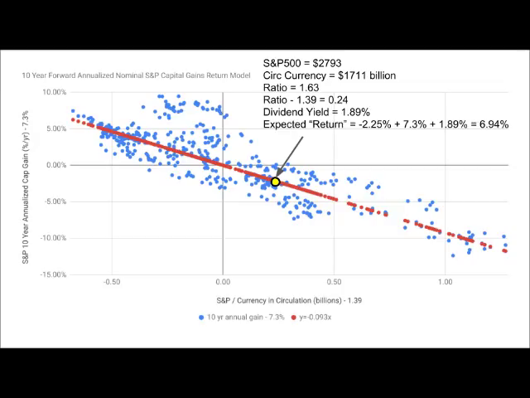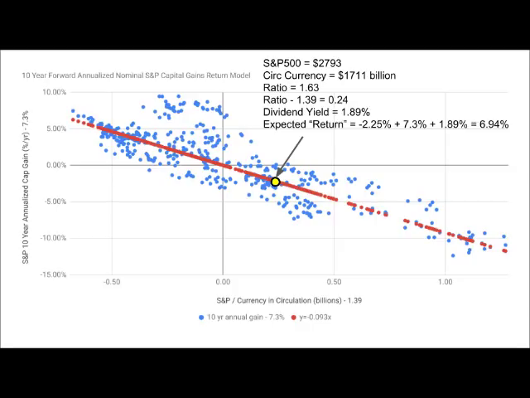With the S&P currently standing at a level of 2793, its ratio to the currency supply measured in billions is 1.63. Historically, the ratio has varied around a central value of 1.39, so right now the S&P is a little higher than where it should be relative to the currency creation. As a consequence, we should expect some slower capital gains going forward.